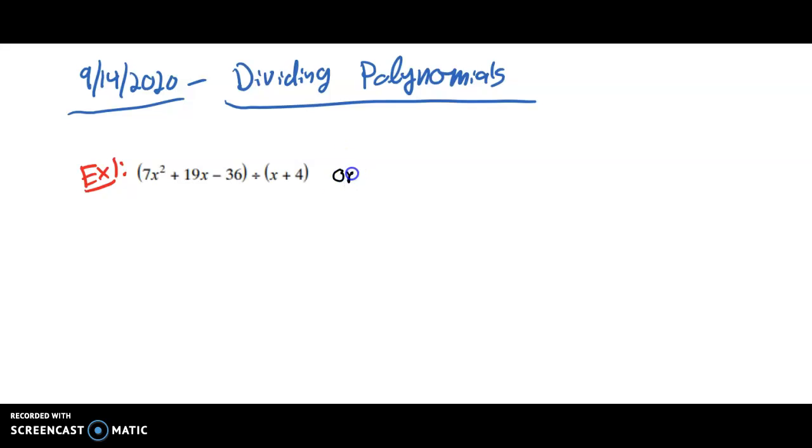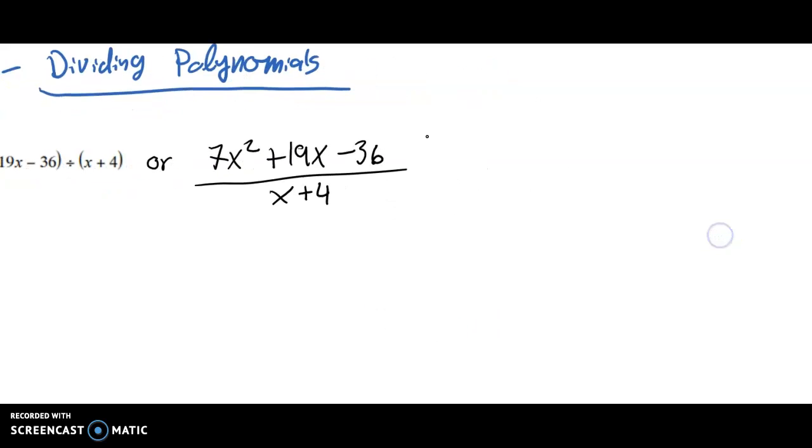You might also see the same problem asked like this, where they write it as a fraction. So yeah, you can see it asked either way. They both mean to do the same exact thing, which is divide. And the way they might ask it is, find the expression equivalent to.